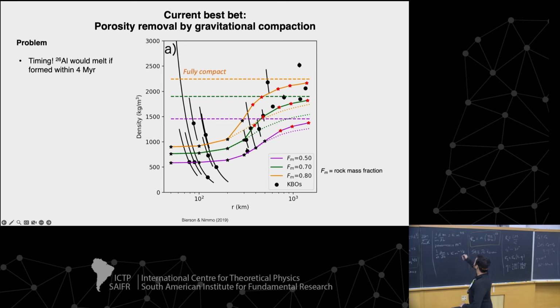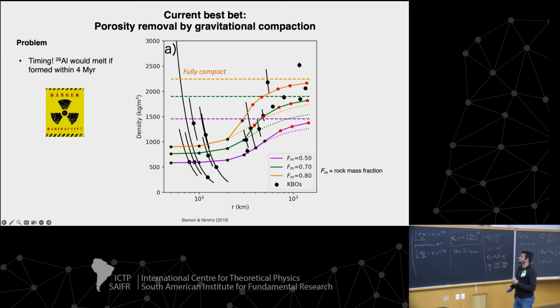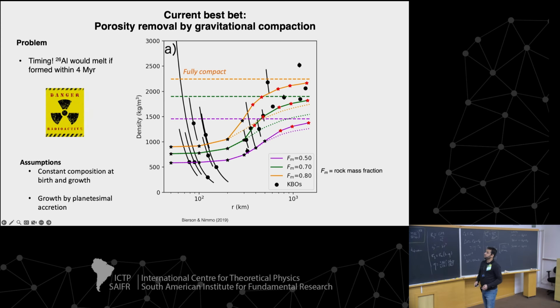And then you simply wouldn't have these objects on this side of the diagram, because the melting would remove the porosity, and they would immediately jump to the density of fully compact spheres. So early melting gives you too much energy that leads to melting, removes the porosity, and then you cannot reproduce this.